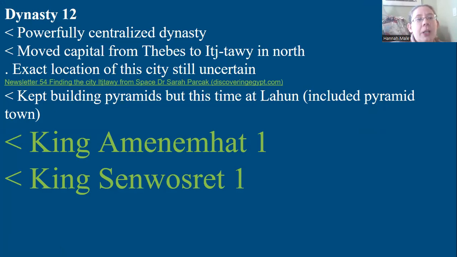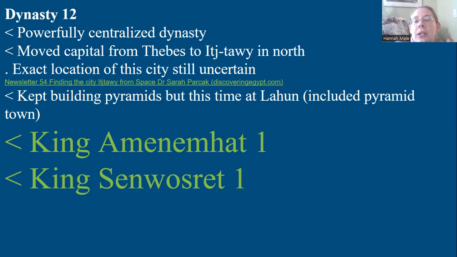So this is where we get the capital change. In the Old Kingdom, the main capital was Memphis. Under Mentuhotep II, the capital location seems to have switched to the general area of Thebes, because that's again where Mentuhotep II started as ruler. So that was his local power base.